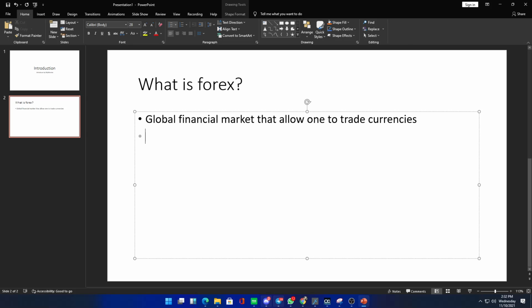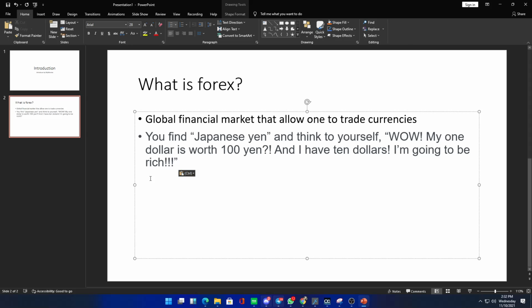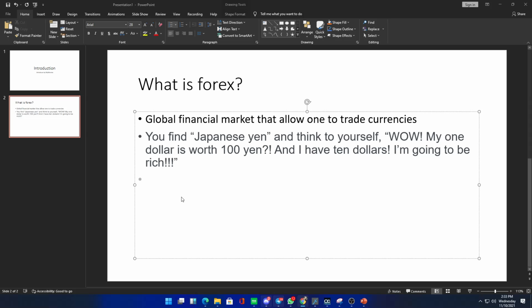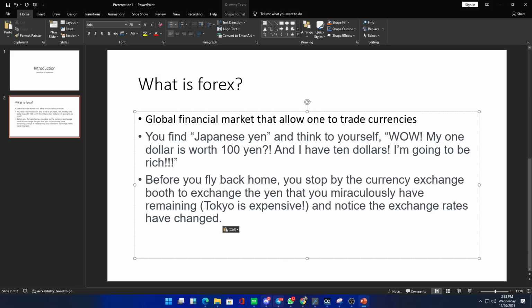Okay, I put this example, so this kind of example.